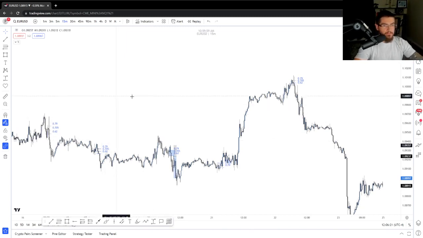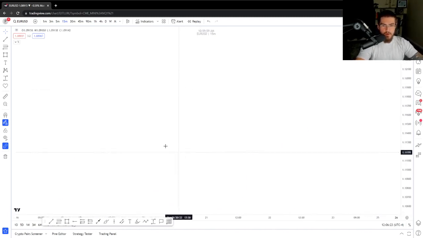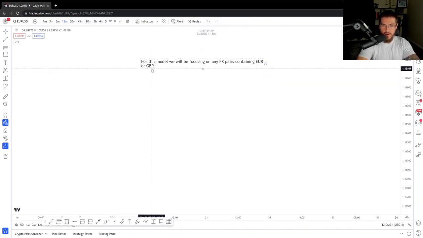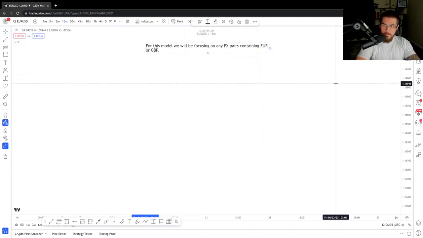For example, the first model we'll go over is the one in the London session, and you would want to focus on any forex pairs that contain euro or the pound, right? We could use literally anything that has that in the pair at all. So that's a lot of pairs. You don't really need much more than that. That's going to give you most of the pairs that most people trade anyway. I think they have one of these in them.